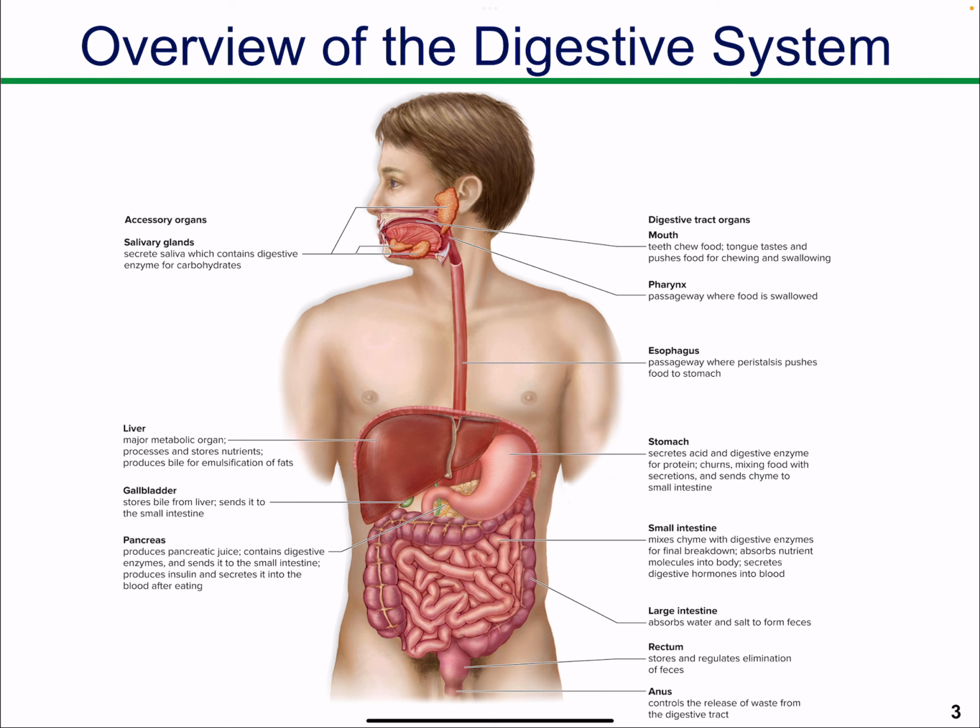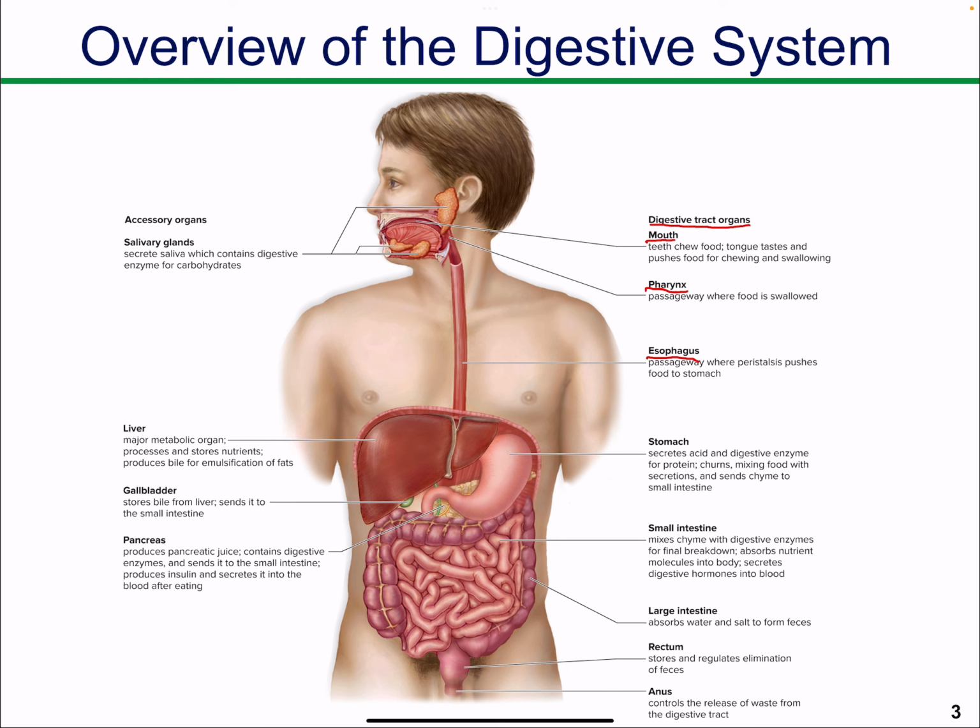The main organs are basically part of what we call the digestive tract. The digestive tract starts in the mouth, where food is ingested. From there, digestion starts. The food now moves from the mouth to the pharynx area, from the pharynx area to the esophagus.